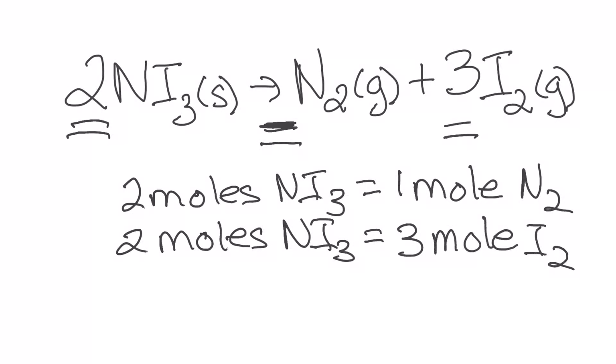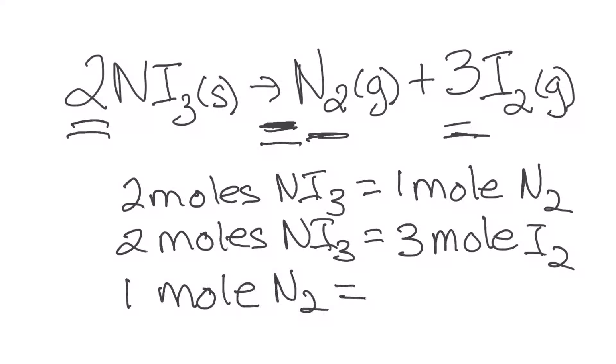And the last pair we haven't talked about is what about comparing nitrogen to iodine? Well, if I have 1 mole of nitrogen made from the explosion, I will also make 3 moles of iodine. So anytime you make 1 mole of nitrogen, you also make 3 moles of iodine. So let's use these to solve some problems.